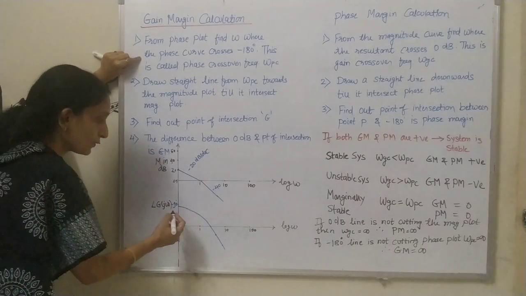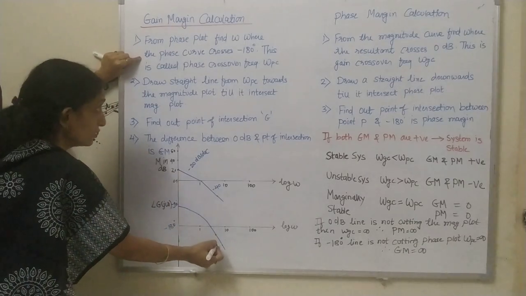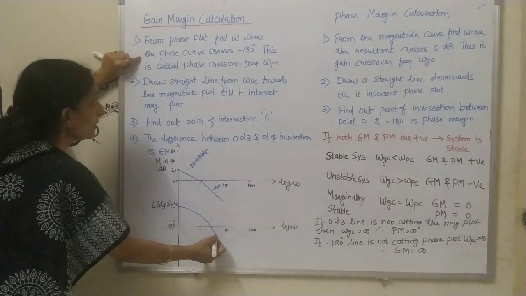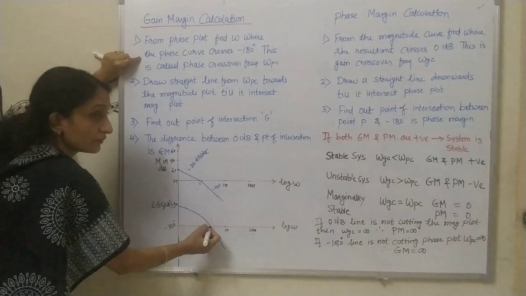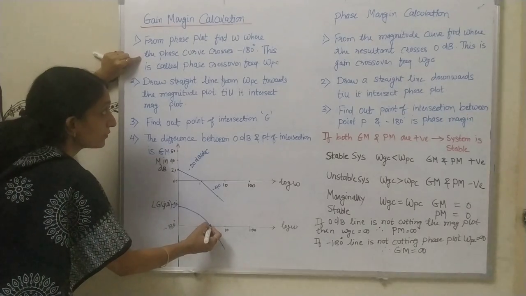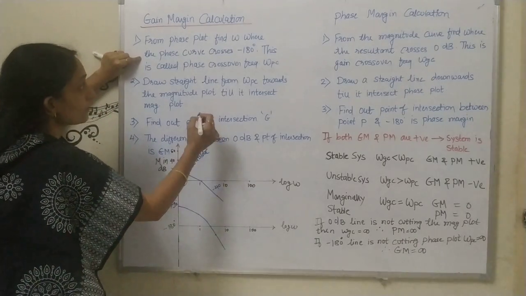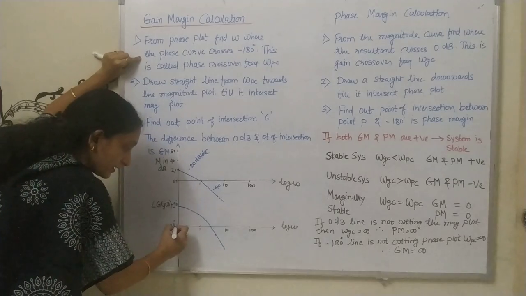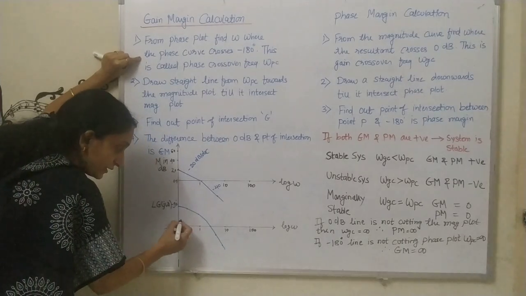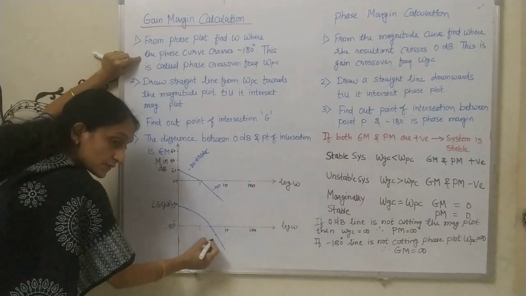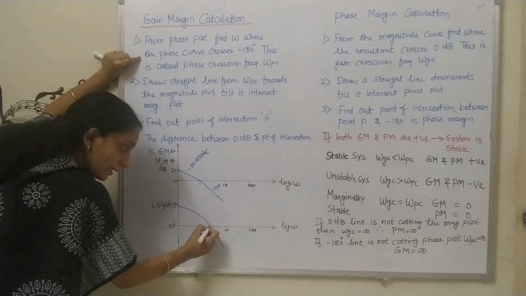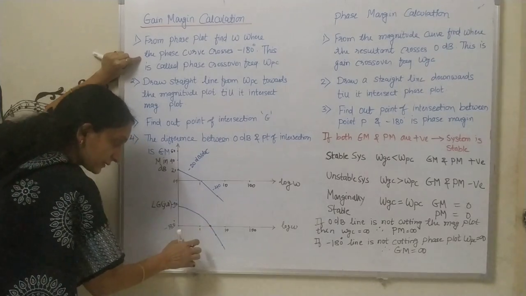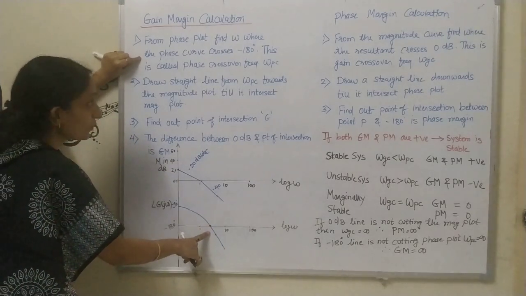So from the phase plot, look, this is the phase plot. Find omega where the phase curve crosses the minus 180 degree line. This is my minus 180 degree line and this phase plot is intersecting with the minus 180 degree line here. You can check that it is intersecting here.